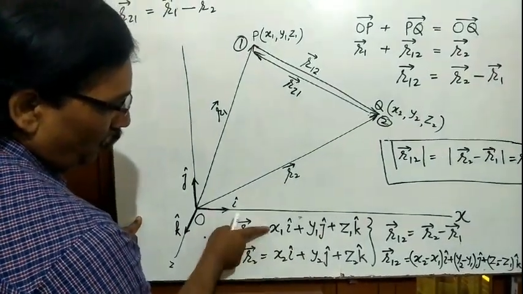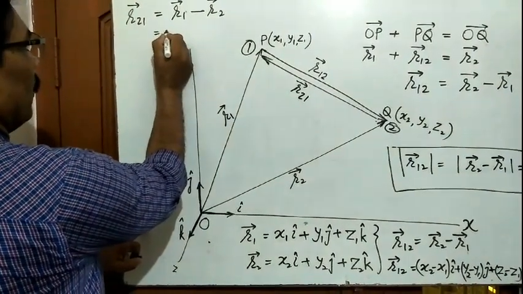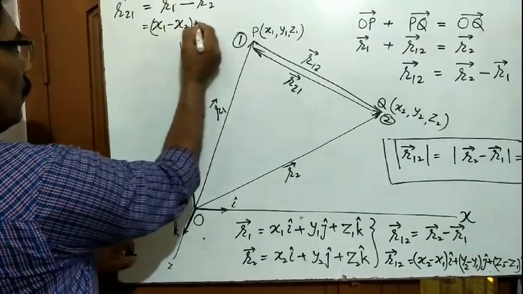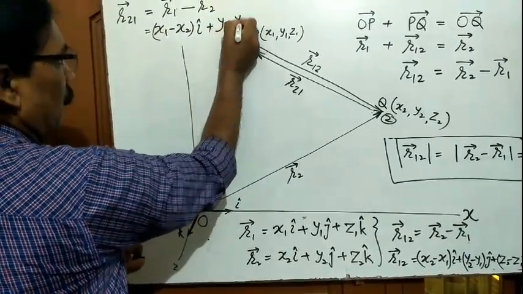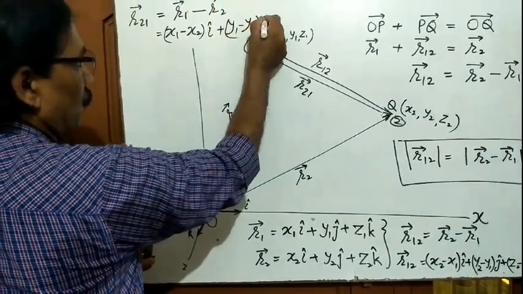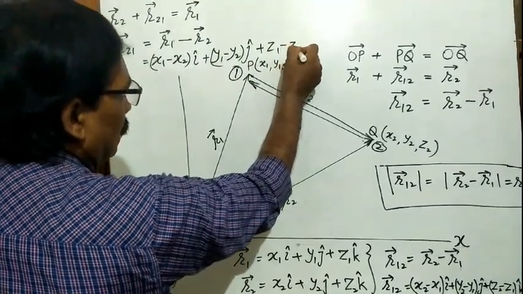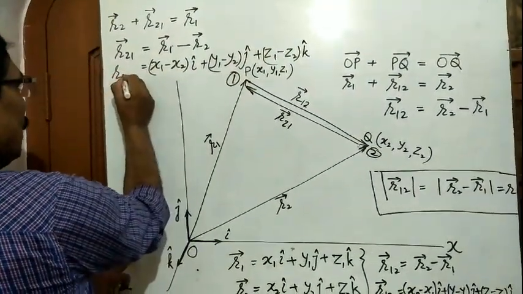So r1 minus r2 will be x1 minus x2 i cap plus y1 minus y2 j cap plus z1 minus z2 k cap. Clear? This is r21.